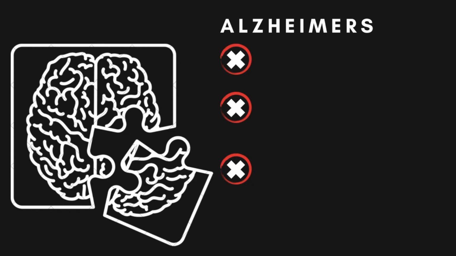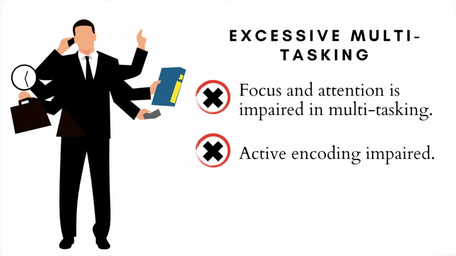Furthermore, excessive multitasking is also one of the key factors negatively impacting encoding. As trivial as this point might sound, multitasking requires your attention to be distributed across many different tasks.